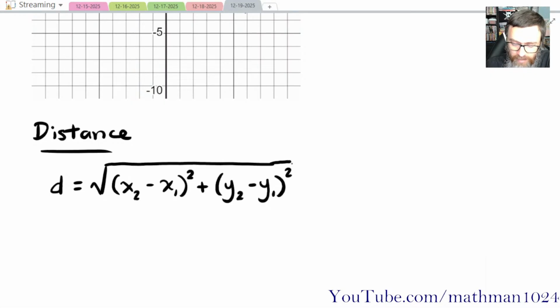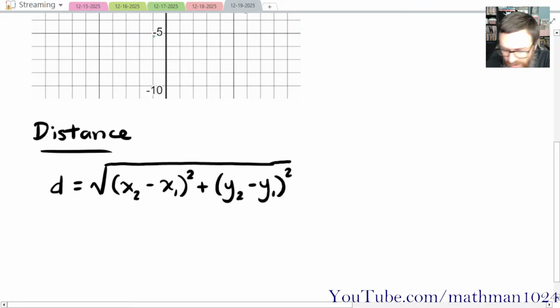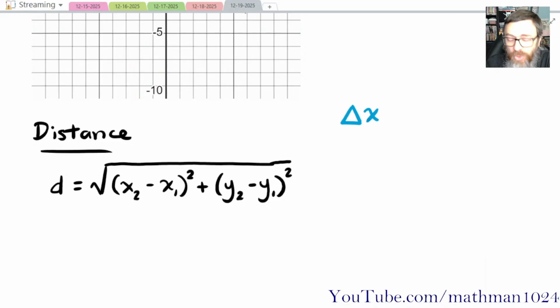Now, another way that we have of expressing this, and this kind of goes into some other algebra stuff, and you might even see this in some science classes, is that we'll use this symbol, which means delta x. So that little triangle is the Greek letter delta. And in math and science classes, we use that to denote the change.